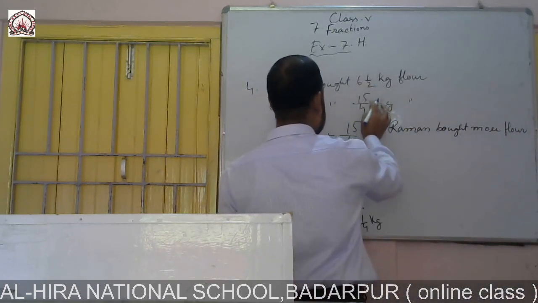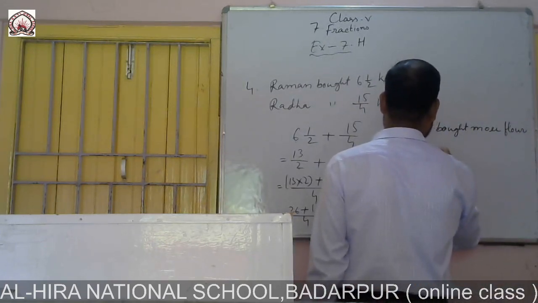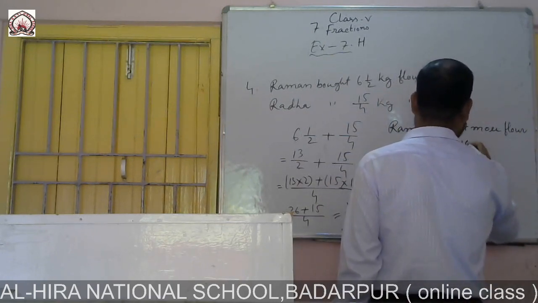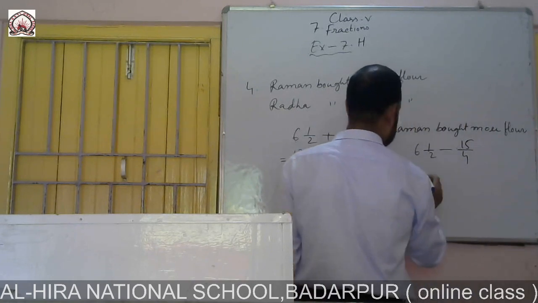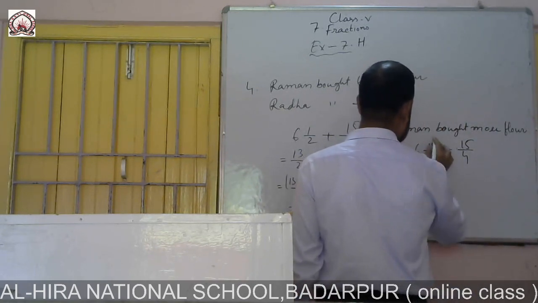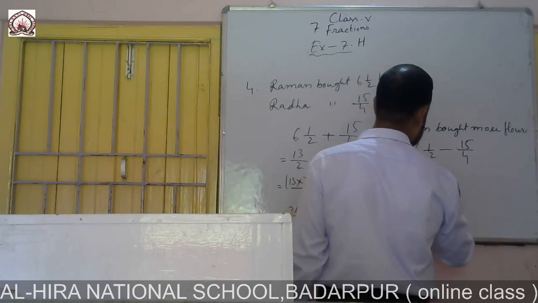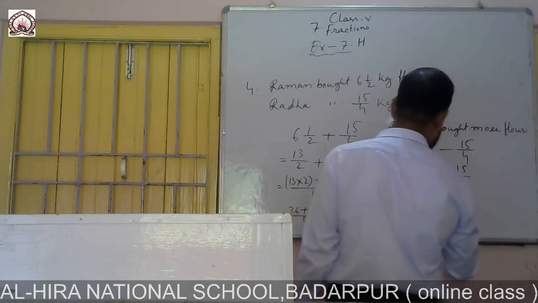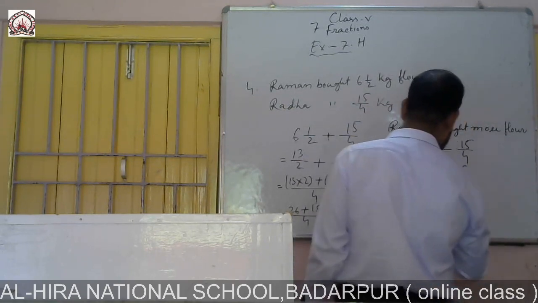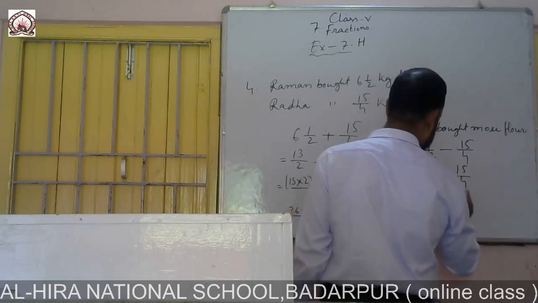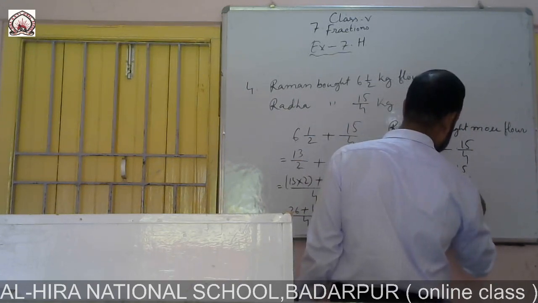Now we do this one minus this one. 6 1 by 2 minus 15 by 4. Now 6 2s are 12 plus 1, 13 by 2 minus 15 by 4. The LCM we know is 4, so 13 into 2 over 4 minus 15 into 1.